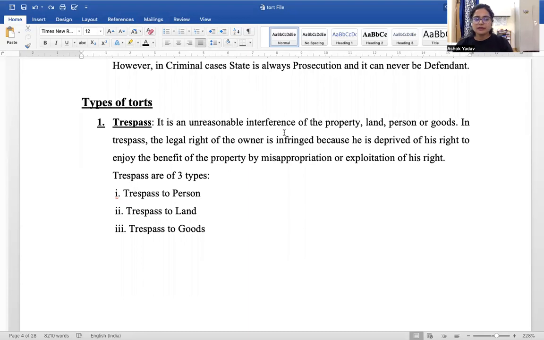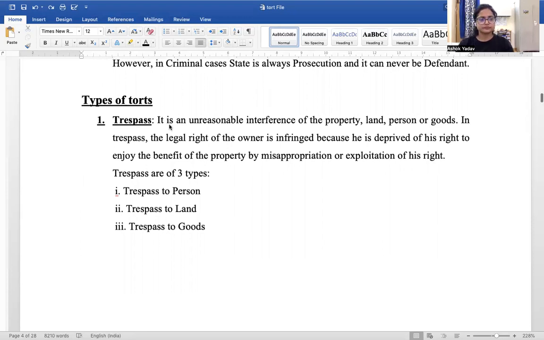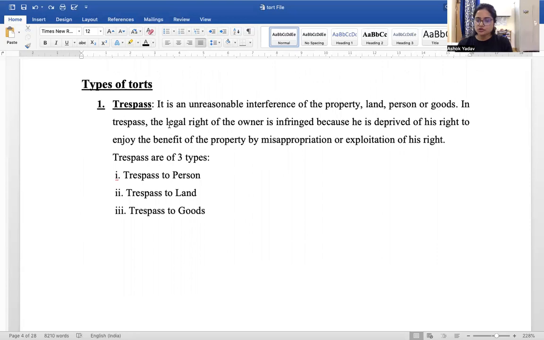Now we will be reading types of torts. There are many types of torts. We'll be covering important torts in this class. The first tort that we'll cover is trespass. It is an unreasonable interference with property, land, person, or goods.